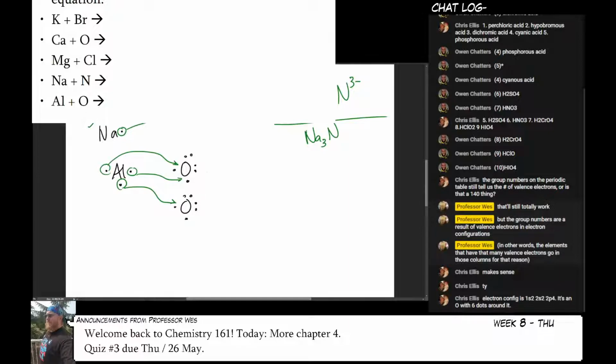But now this oxygen down here needs one more electron, so we got to get another aluminum. And we just have to basically go back and forth until everything is taken care of. So now this one's good, but aluminum's not. And eventually everything will balance out. And there we go. This is good.